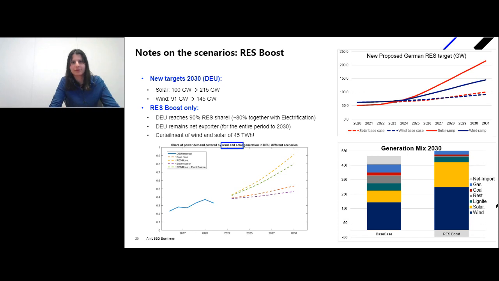So still in 2030, Germany would be net exporting. Also, the bottom left chart shows for all the scenarios mentioned what the renewable energy share would be in the mix, and this renewable boost only would result in a 90% renewable energy share.